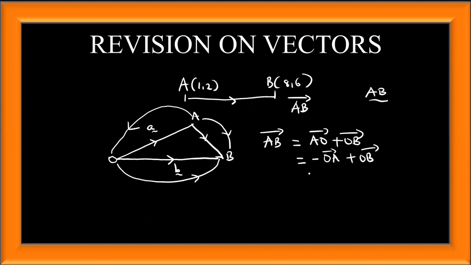When you look at this, it's as good as getting OB minus OA. Going back to the diagram, OB has position vector small b, and OA has position vector small a.